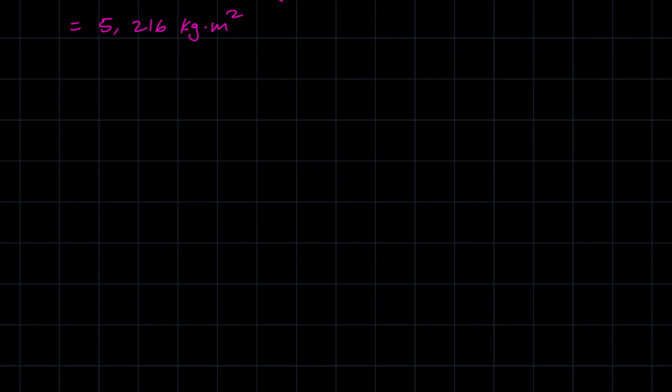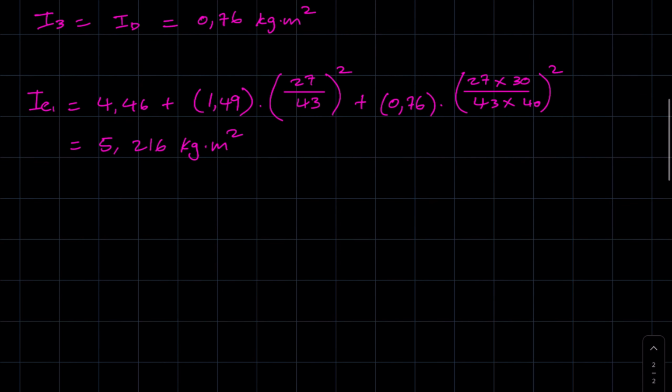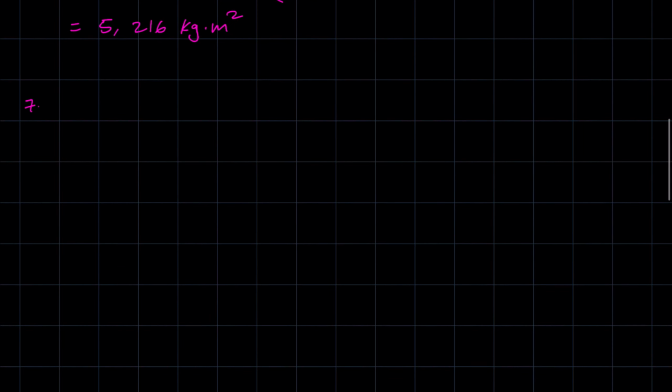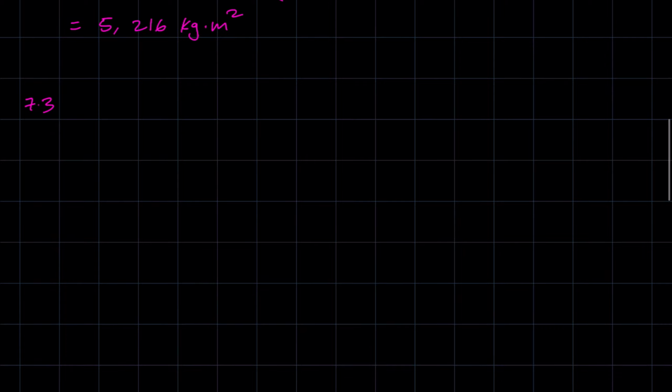But between the two approaches, one is convenient, seeing that we've already calculated the equivalent moment of inertia referred to the input shaft. So this is 7.3. We already have the torque. The input torque is equal to the equivalent moment of inertia referred to the input shaft times the angular acceleration of the input shaft.